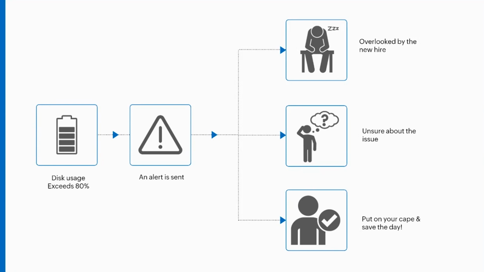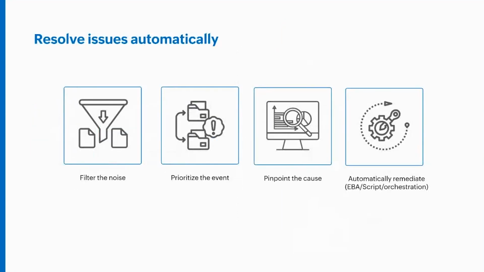So rather than going for manual work, Applications Manager will reduce this manual work with the help of the automated action. The main focus of this automated action is to resolve the issue automatically and instantly. So filter the noise, prioritize the event, pinpoint the issue, and allocate the automated actions for that issue.